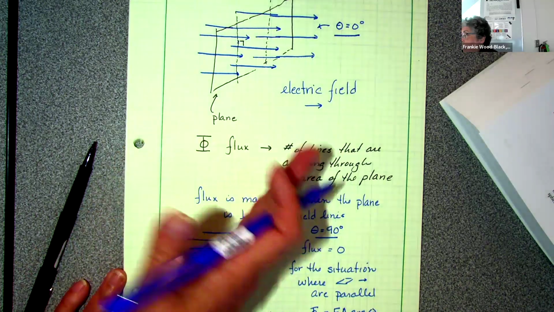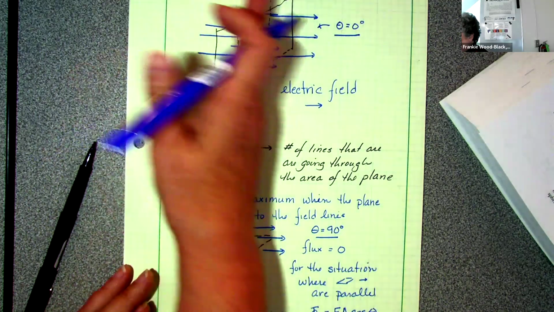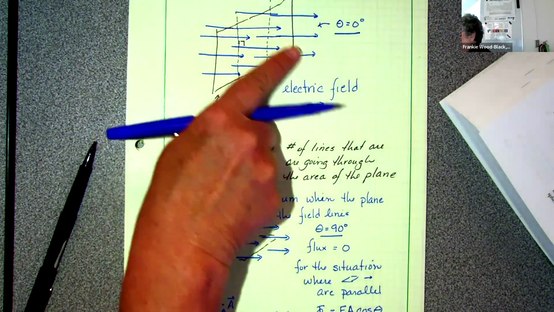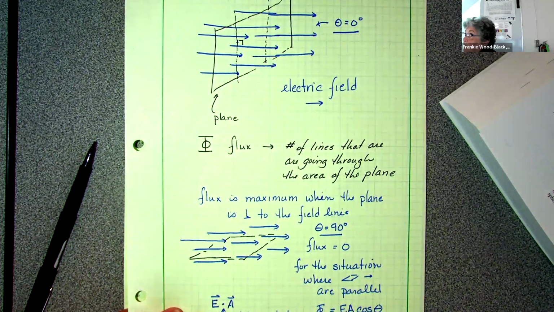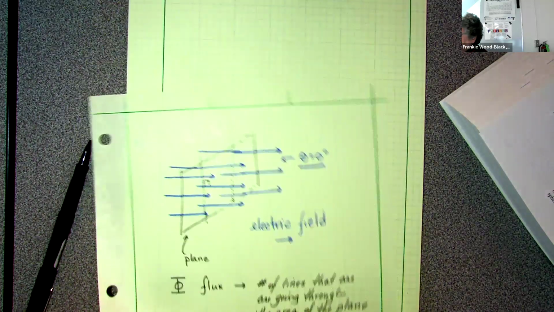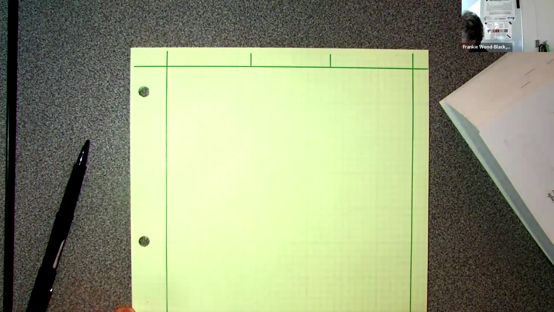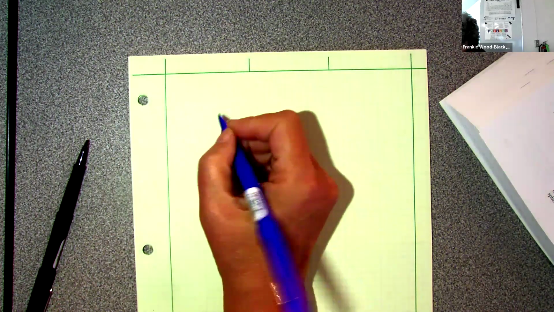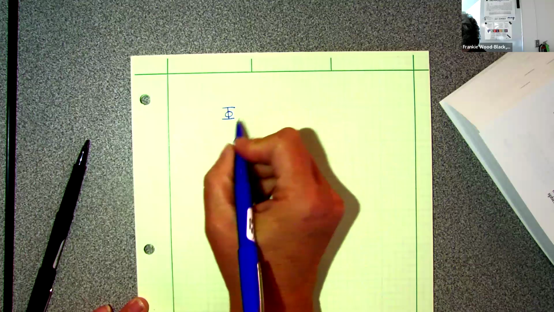Now we can play with this lovely, and we can manipulate the surface, but we know that the number of lines that are going to cross through that surface is going to be different depending on how we do that. So that's where Gauss starts to come in. So what he's going to look at is the flux, and this is going to be electric flux.